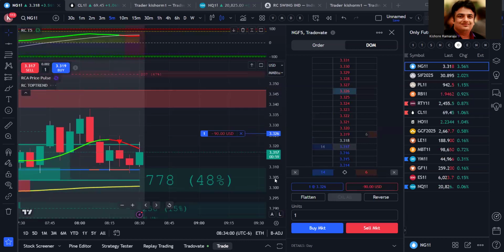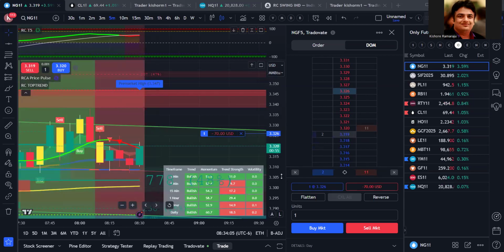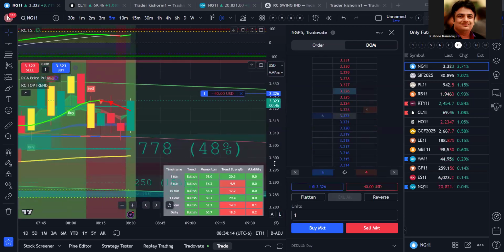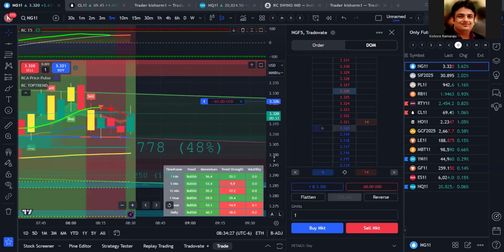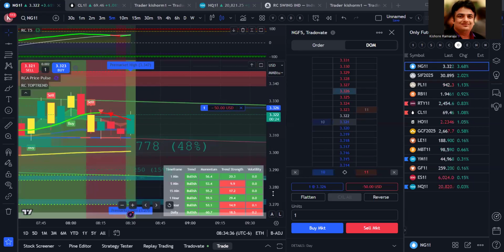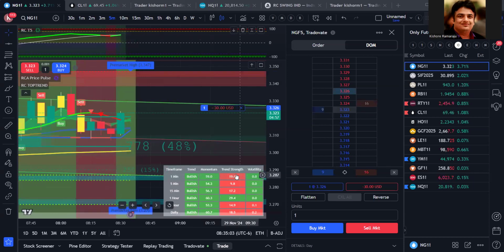Natural gas is dropping. Still bullish, but strength is very less.